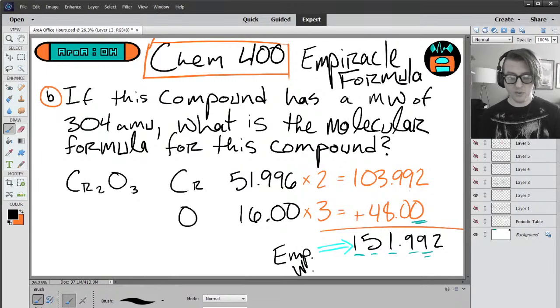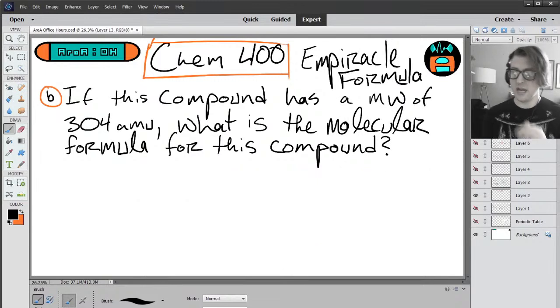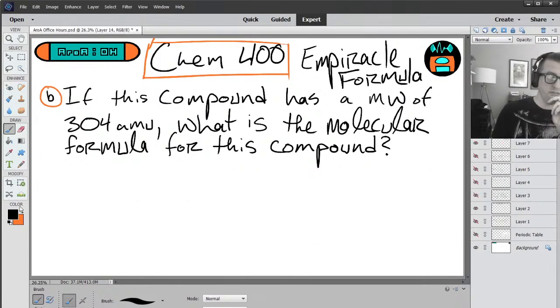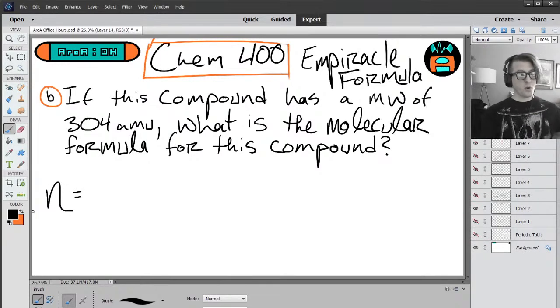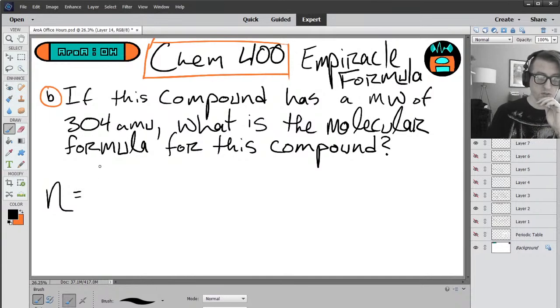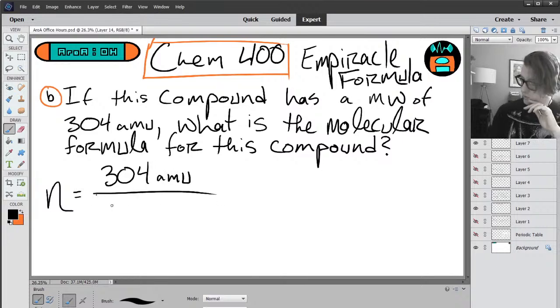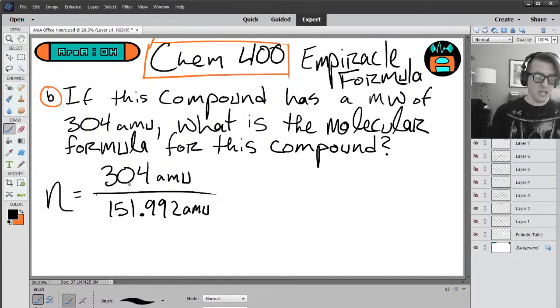All right, so now we're going to use this to calculate the scalar factor that'll take us from our empirical formula to our molecular formula. So our molecular weight is 304 AMU. Our empirical weight is, whoops, sorry, that's not where my decimal goes, 151.992 AMU.